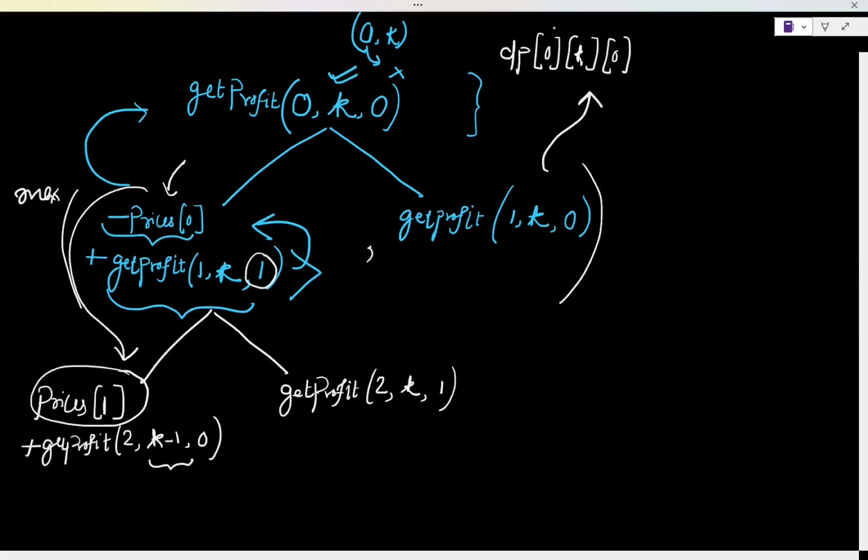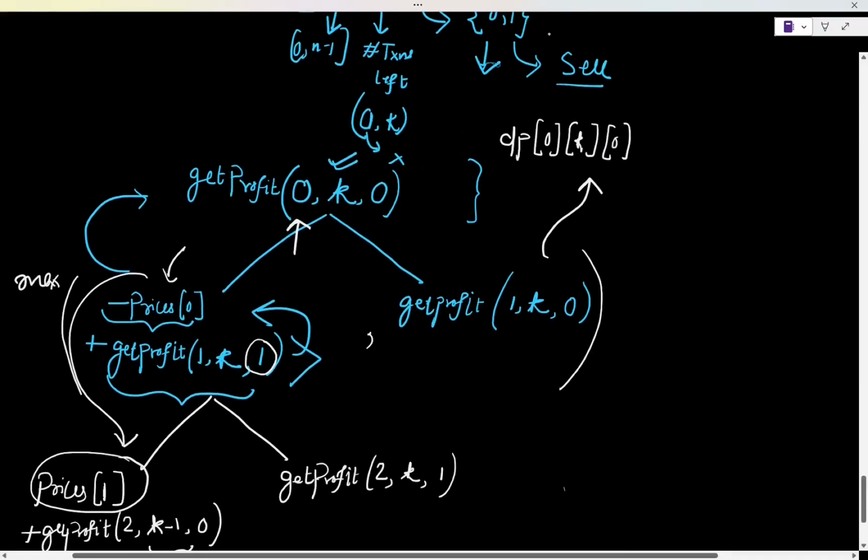I utilize the index, and then the next option is sell. If you again do a sell at that particular index, you change it to 0 and you reduce the transaction count also. Or you can just push the indices ahead and not do anything. That's as per you, and the state remains as it is. So this is the top-down approach that we are going to use to solve this particular problem.